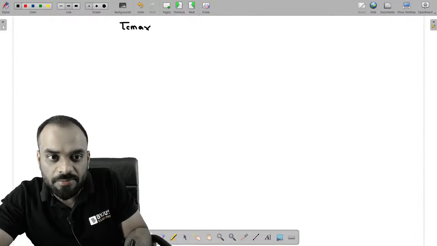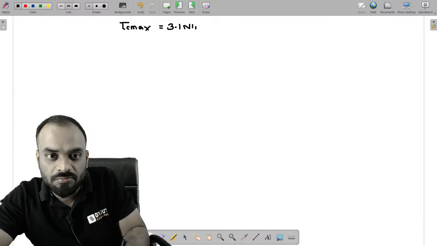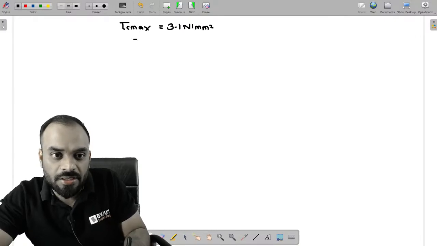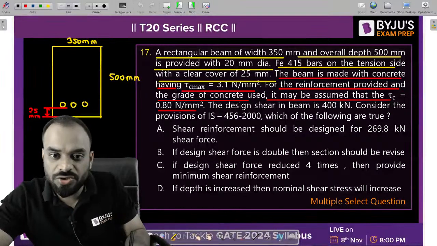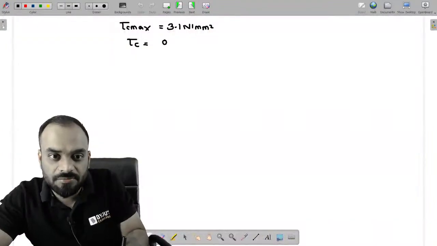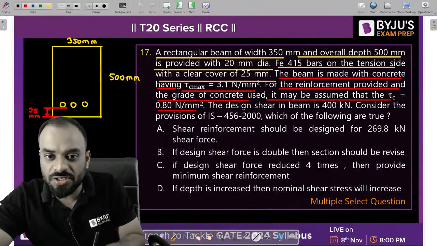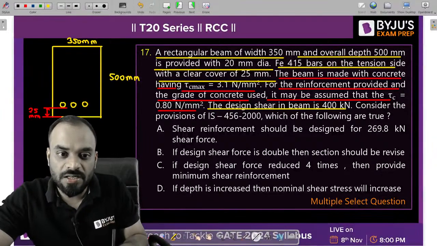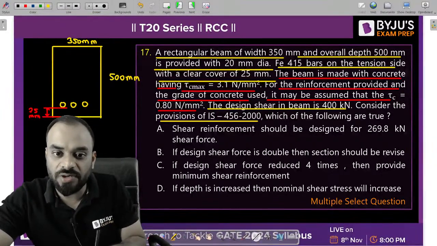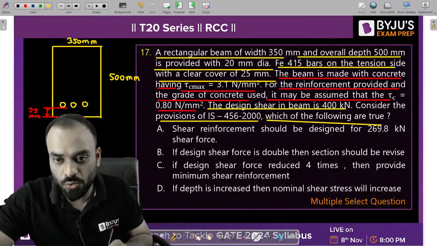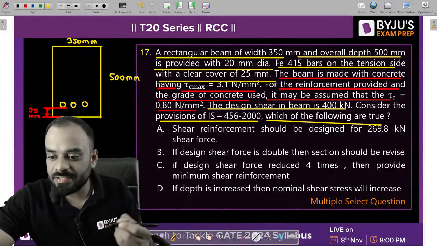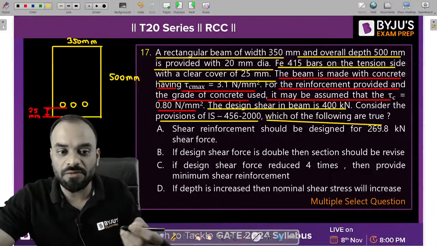Tau c max is already mentioned, this value is 3.1, and tau c is equal to 0.8. The design shear in the beam is 400 kilonewton. Consider the provisions of IS 456-2000. Which of the following are true? So kindly read the statement, then only you can understand what you have to solve over here.